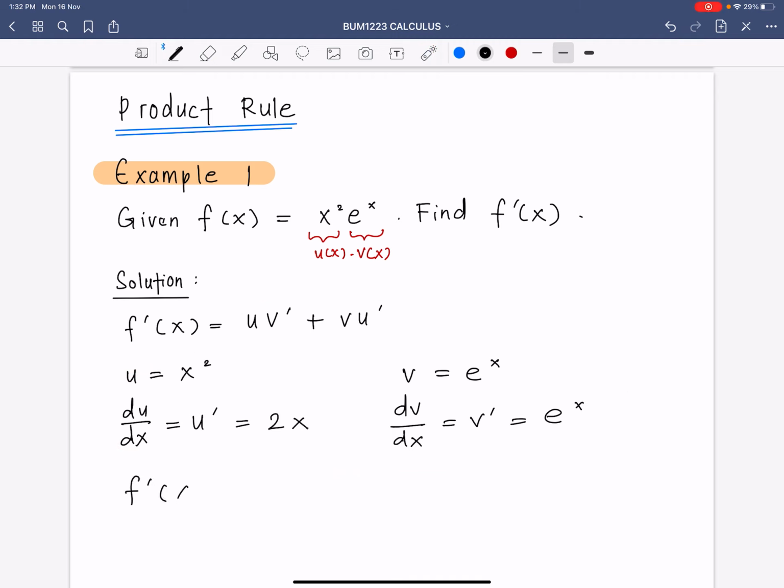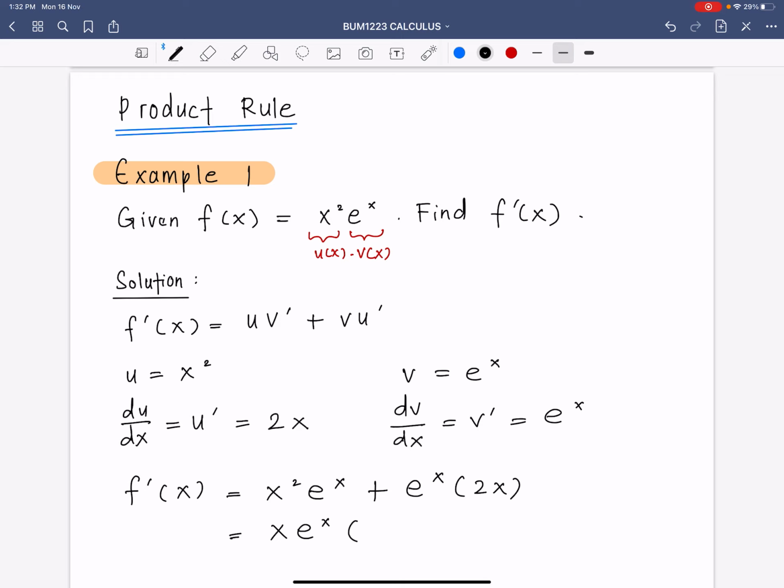Next, we will substitute these results into this formula. Then f'(x) equals u, which is x squared, times v', which is e to the power of x, plus v, which is e to the power of x, times u', which is 2x. Next we factor out the common factor, which is x times e to the power of x.